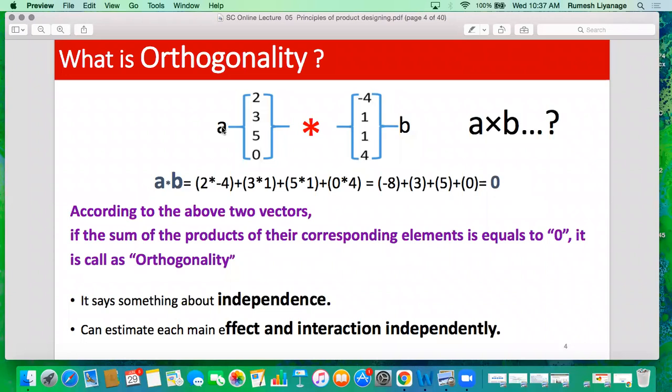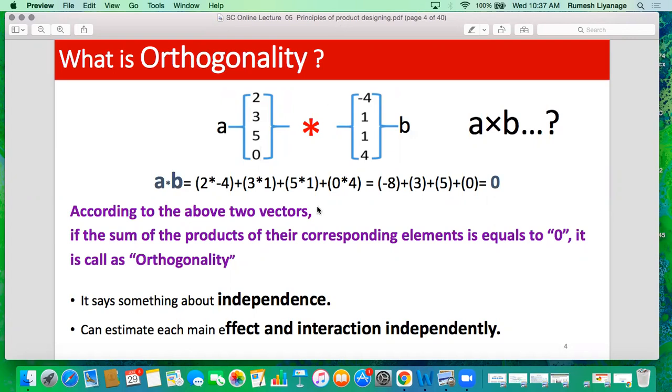Right, here you can see for A, there are 4 numbers. For B, there are 4 numbers again. Then what we are going to do is multiply this vector by this one. 2 multiplied by minus 4, plus 3 multiplied by 1, and plus 5 multiplied by 1. Likewise, finally, the sum of these multiplications should be 0.